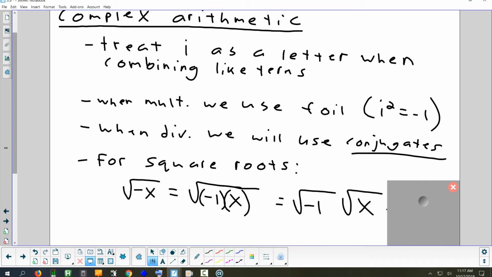So instead of saying the square root of -1 times x all under the same root, I'm going to separate it into two roots. The reason I did that is because of this right here. What's the square root of -1? i.